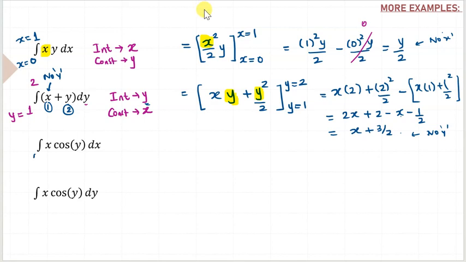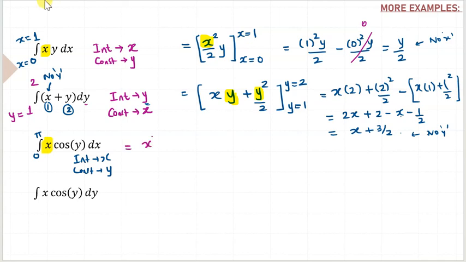Similarly, if you are integrating the third integral from 0 to pi, what will happen? Here you are integrating with respect to x, constant is y. But this entire term is one term, so you will be integrating only x.